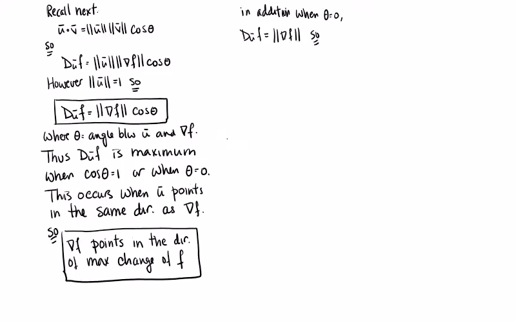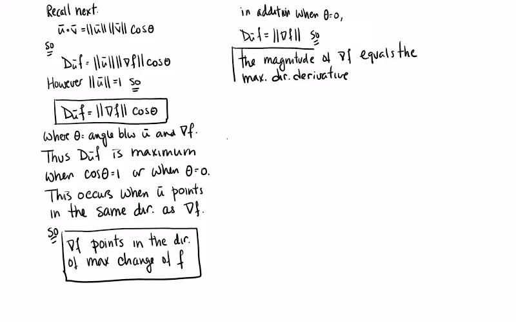So this gives our final point in this section, which is that the magnitude of the gradient equals the maximum directional derivative. If all this is a bit confusing, that's understandable. What we'll do is look at a very specific example and take a look at what all these things are saying.